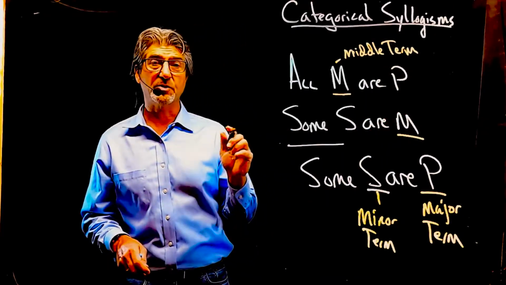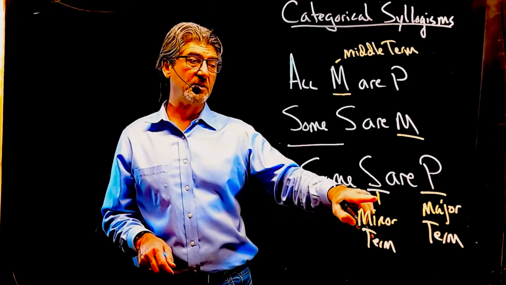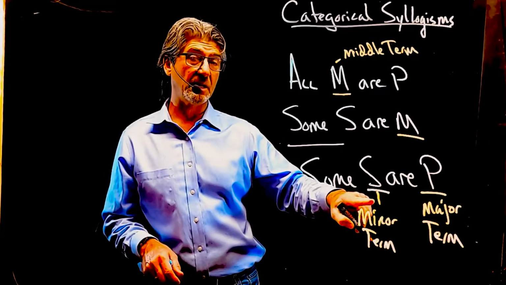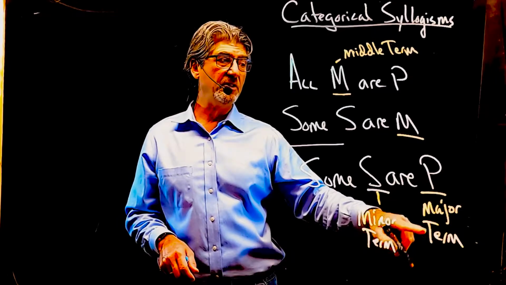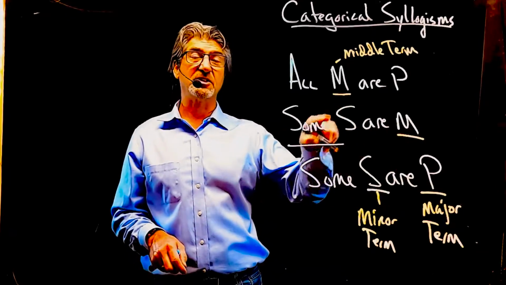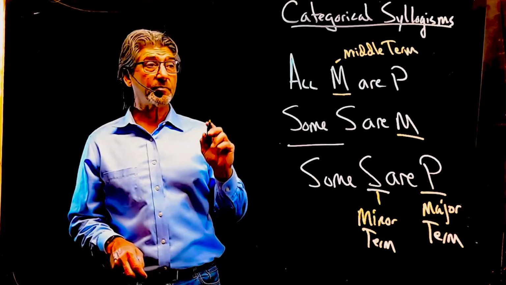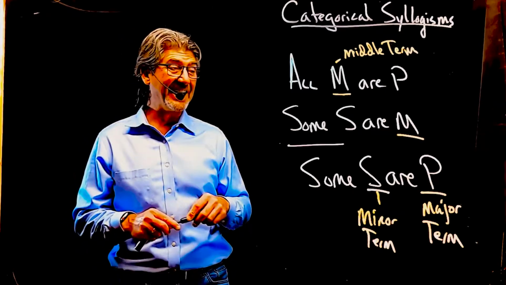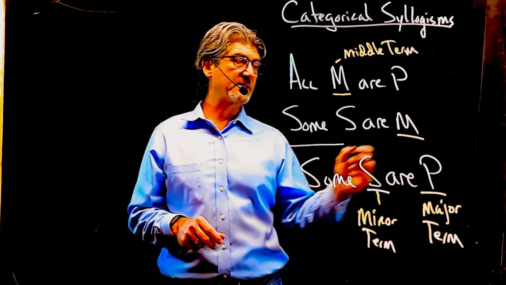Okay, it's really important that you pay attention to this for just a second here. The minor term is always the term that appears in the subject of the conclusion. The major term is always the term that appears in the predicate of the conclusion. The middle term is the only term that appears in both premises. Now, the premise that has the major term in it is the major premise.